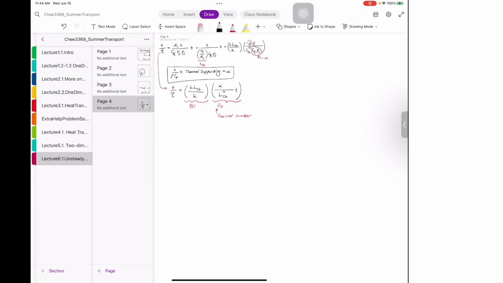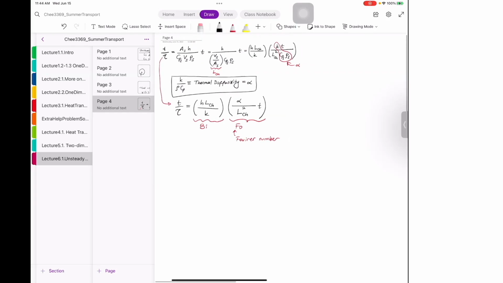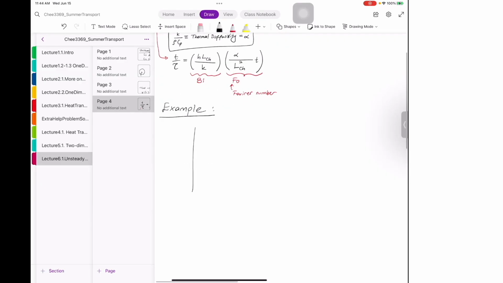So I'm just going to make up a problem. Okay. Example. Imagine you have a copper, but I would actually ask you to find the numbers for those, okay? So this is a copper sphere.